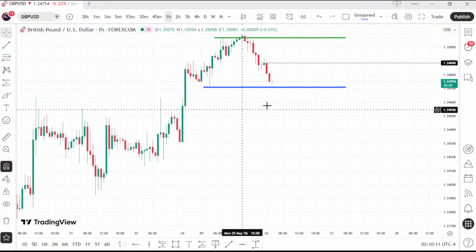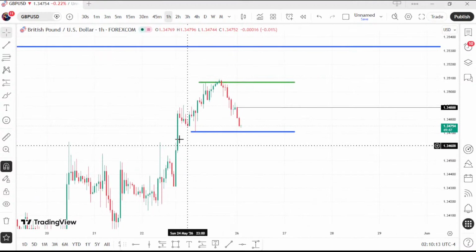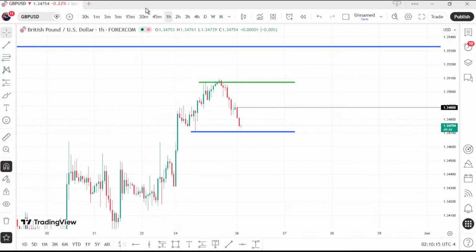So you might want to look for maybe a market structure shift, the earliest one, but it's going to be based on a market structure shift in the 5-minute.